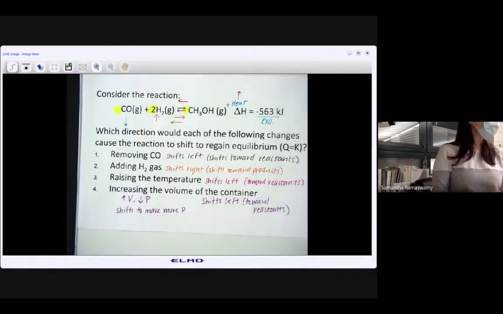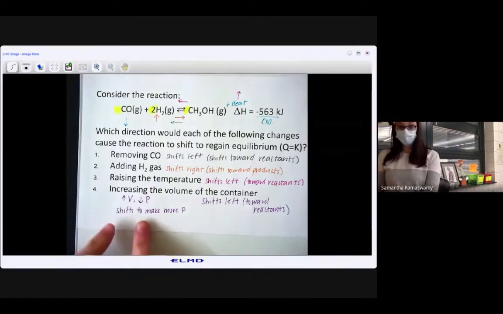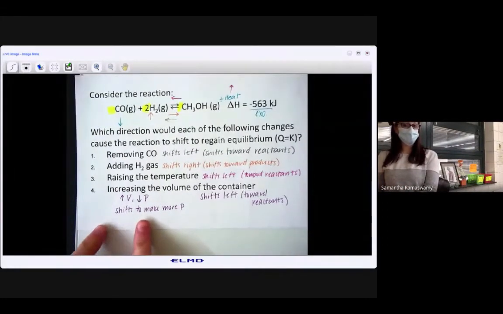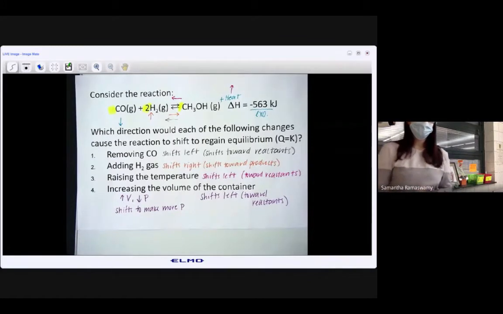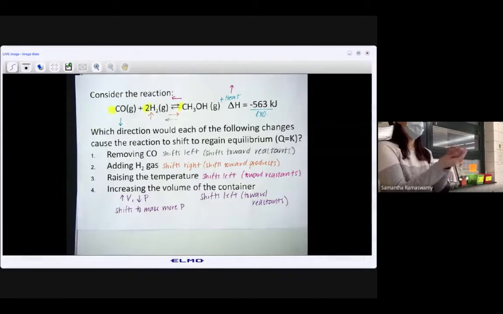But why are we choosing the side with the bigger coefficient? So for number 4, because we are increasing the volume of the container, that's decreasing the pressure. Changing the volume affects the pressure. Equilibrium exists at a certain pressure, and by changing the volume, we've brought the pressure down.